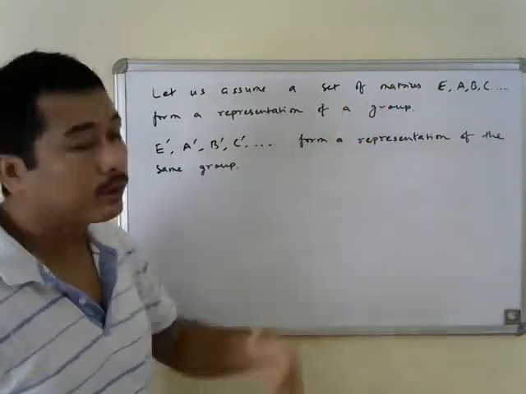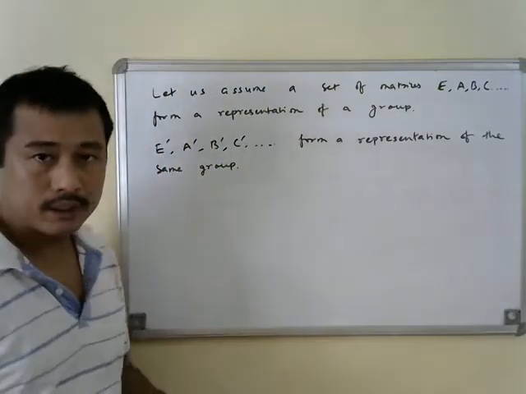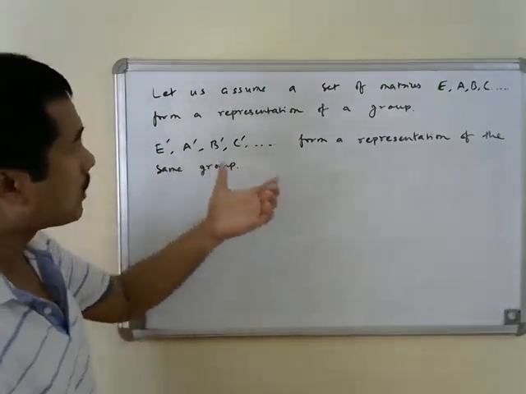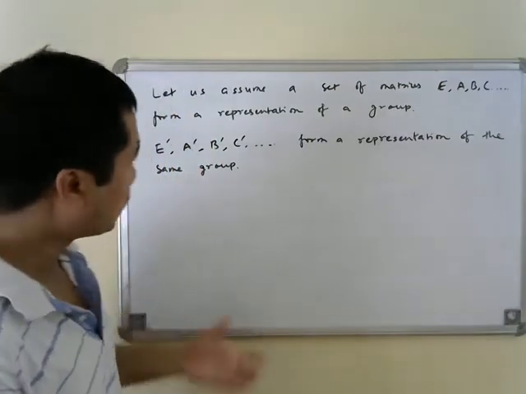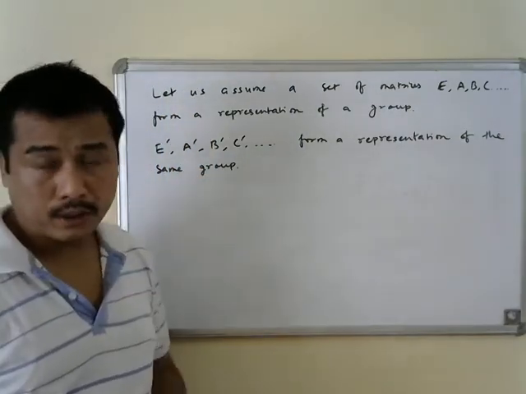So similarly here also, we have the parent set of matrices and the set of matrices that we obtained by doing similarity transformation on this parent set of matrices; both of these sets of matrices form a representation of the same group.